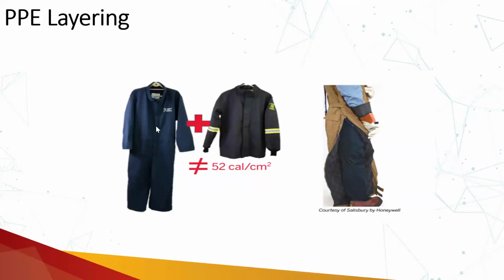Here the concept is that if you are wearing a 40 calories per centimeter square overall or coverall with a 12 calories per centimeter square jacket, it might give you protection till 80 or 100 calories per centimeter square, or it might only give you protection to a fraction above 50, or in some cases it has been observed that the overall arc rating of the system has reduced.